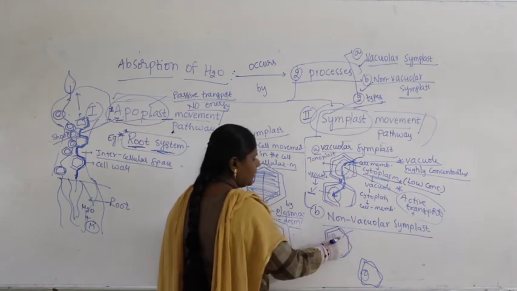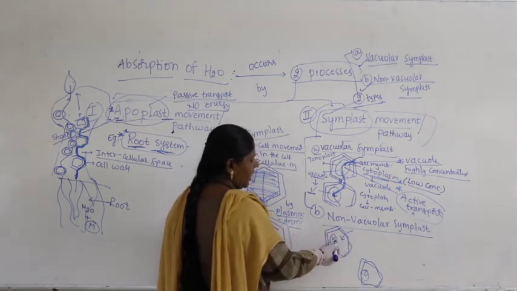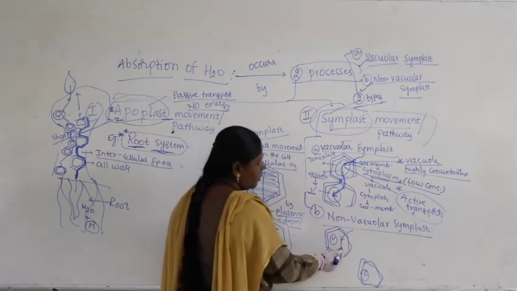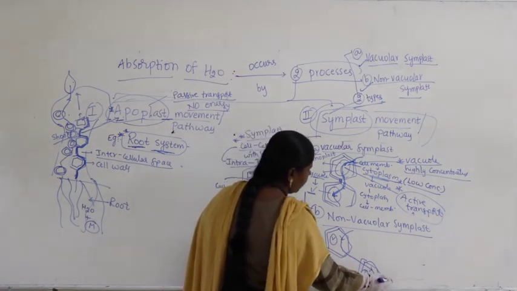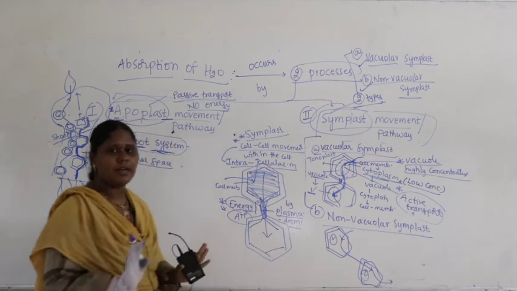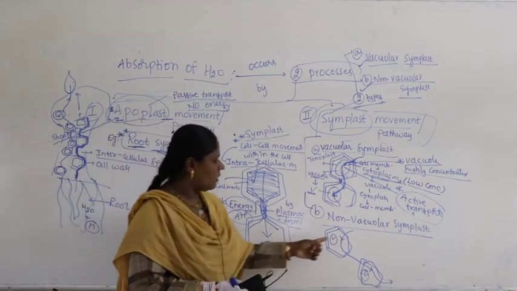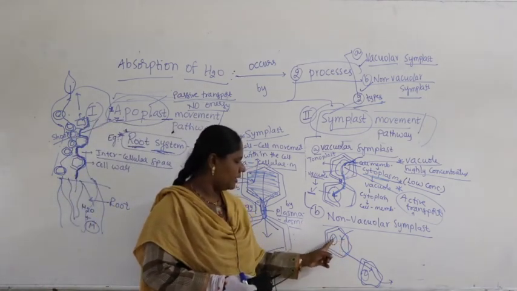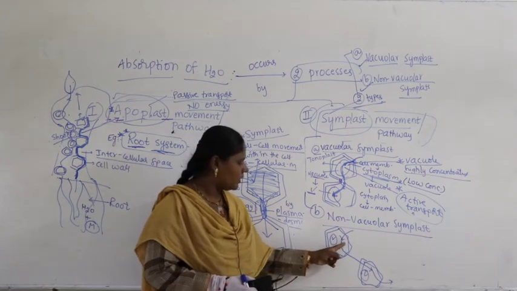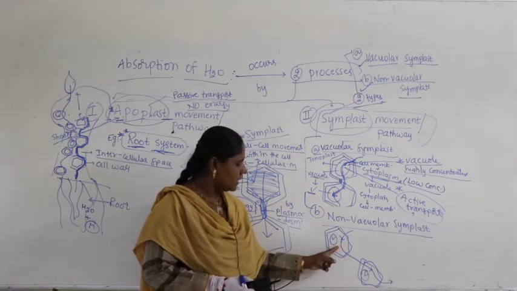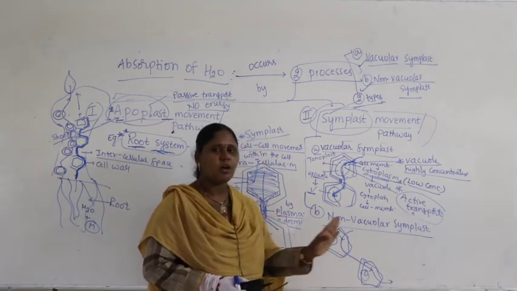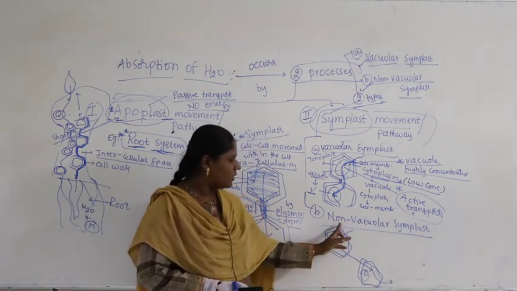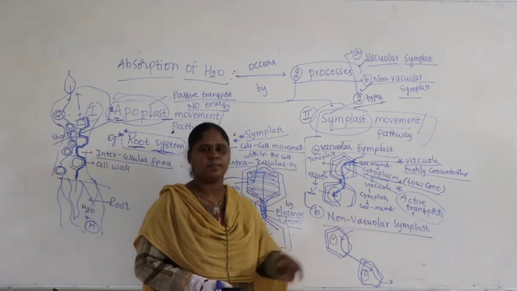Now it enters into the cytoplasm without entering into the vacuole, goes out of the cell, enters into the cytoplasm of the next cell, and from there goes out without entering into vacuoles. The fluid is moving from the cytoplasm of one cell to the cytoplasm of another cell without entering into the vacuole. It is called non-vacuolar symplast.